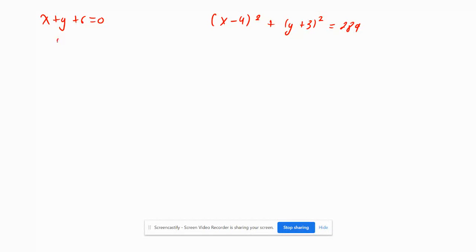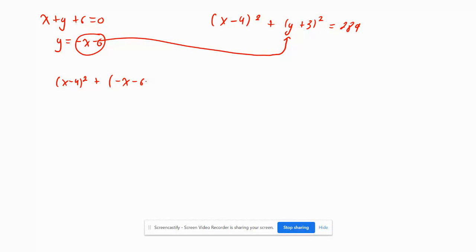So in this one over here, I got y equals negative 6 minus x, and this is going to go in to here. All right, so let's expand out this guy.